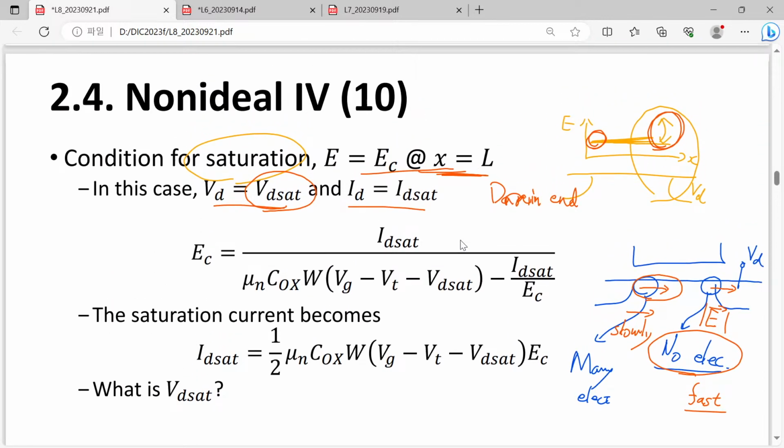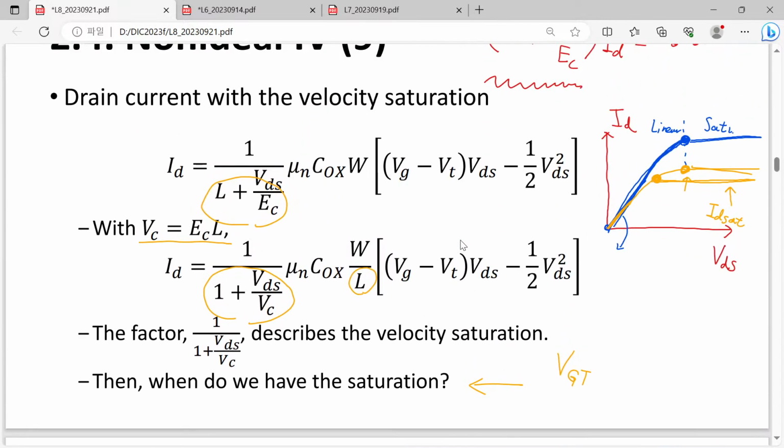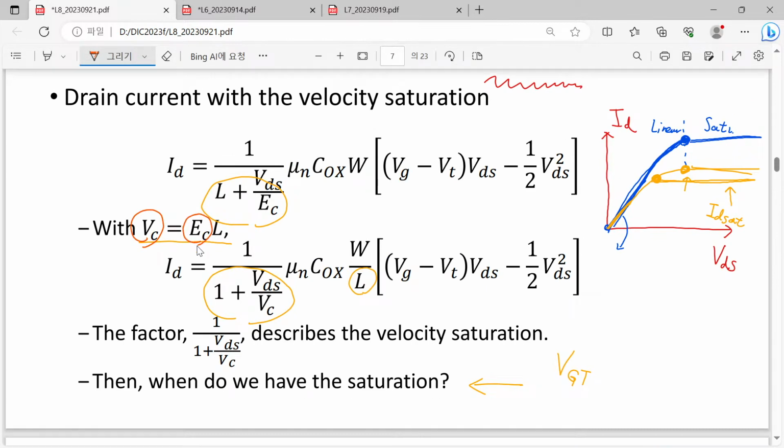This is obtained from here. Critical voltage is critical electric field multiplied by your length L. Then think about this one. Critical electric field, is this a material quantity or device quantity? This is only related with your material.